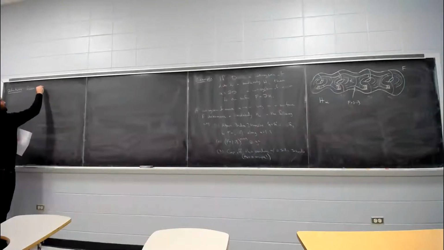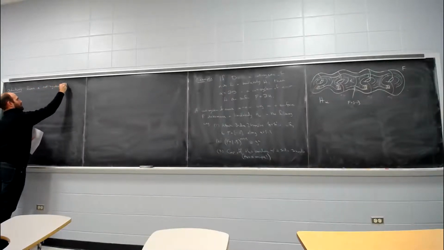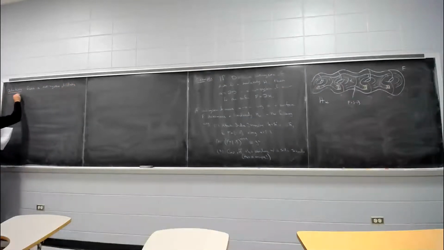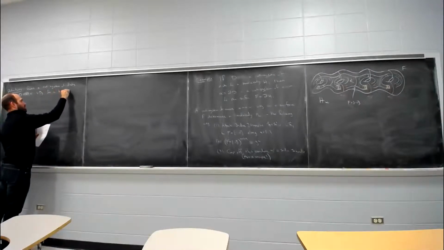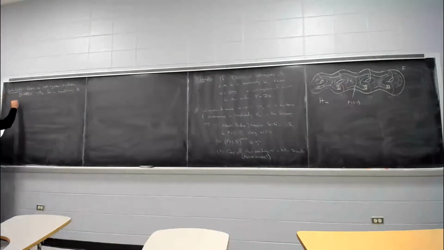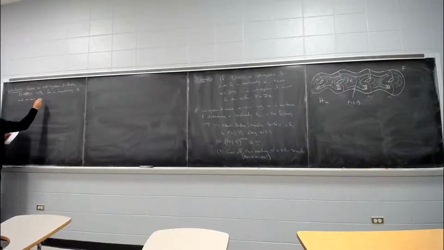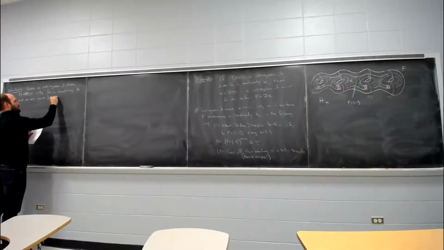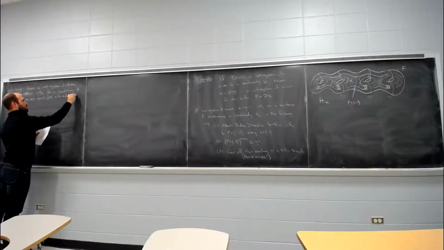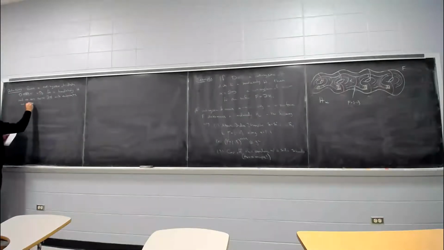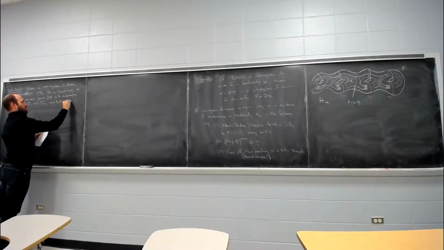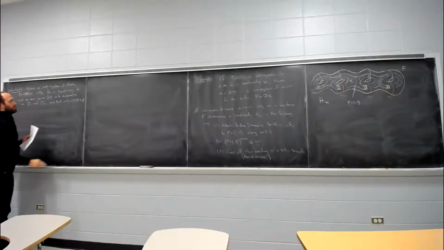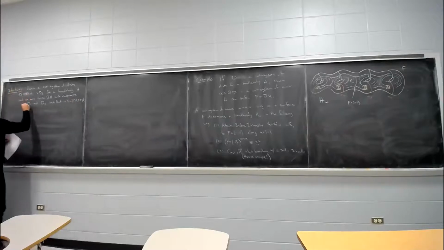So given a cut system of disks D for a handle body H, and an arc omega living in the boundary of H with endpoints on D_i and D_j such that the interior of omega doesn't intersect the boundary of the disks.